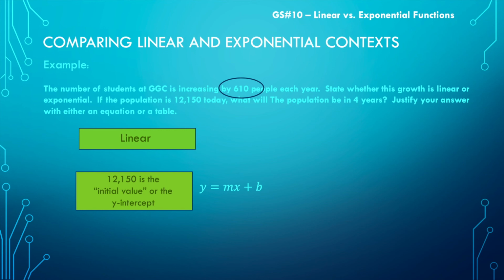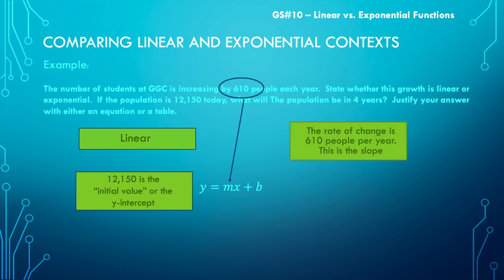That's our rise over run, 610 over 1. And so our slope is 610. And so as I place these values in the correct positions in our equation, we end up with a function of f of x is equal to 610x plus 12,150.